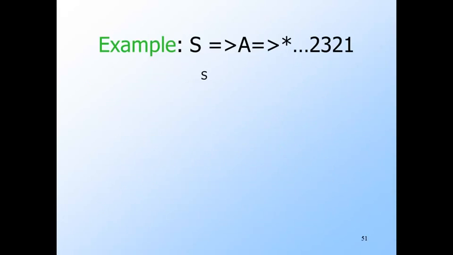Here's an example. If the derivation starts with S goes to A and produces a terminal string with index sequence 2, 3, 2, 1, then here's what the derivation or parse tree has to look like. First of all, we start with A. The first production used must generate the 1 at the right end, and we need to keep the A, so this is the only choice. So we've generated W1 off to the left of the A. The next index symbol from the right end is a 2, so we have to use this production.